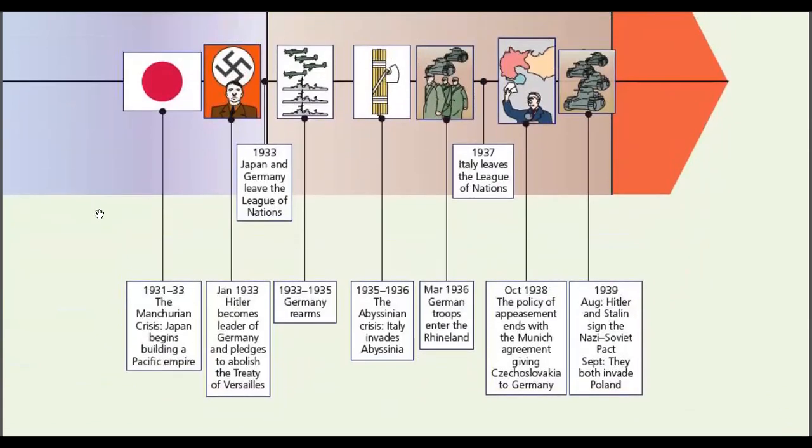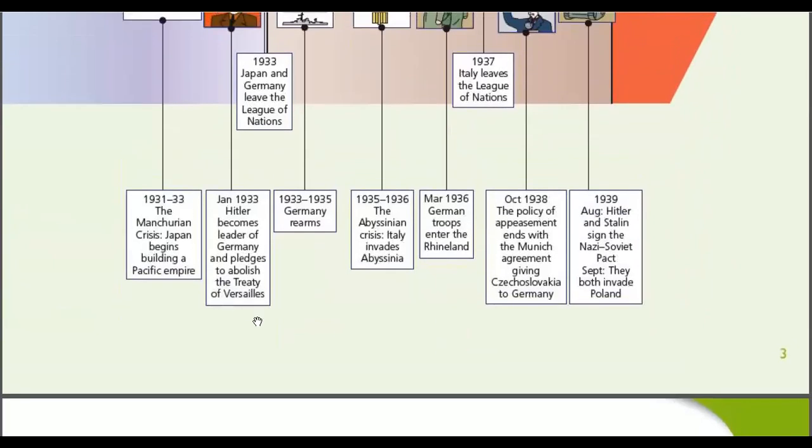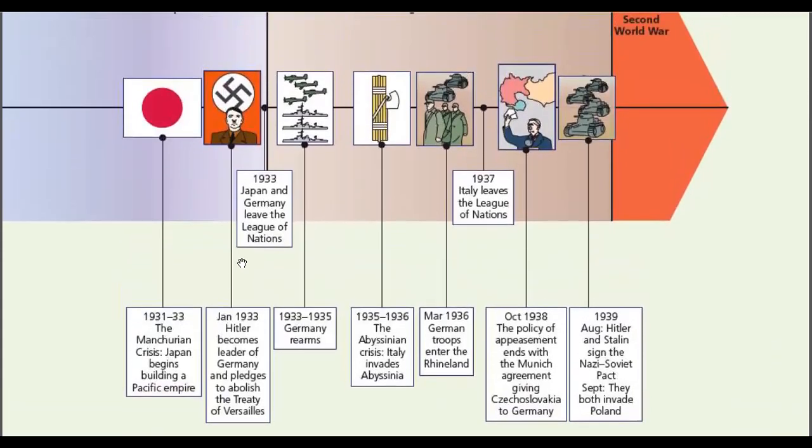Also in January 1933, Hitler becomes leader of Germany and begins rejecting the obligations of the Treaty of Versailles. So Hitler becomes the leader of Germany and pushes the Versailles Treaty out of Germany.